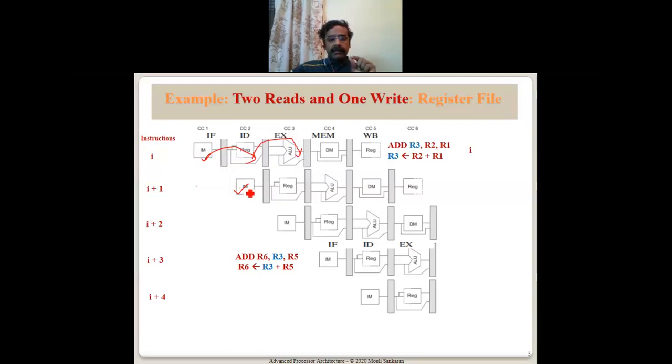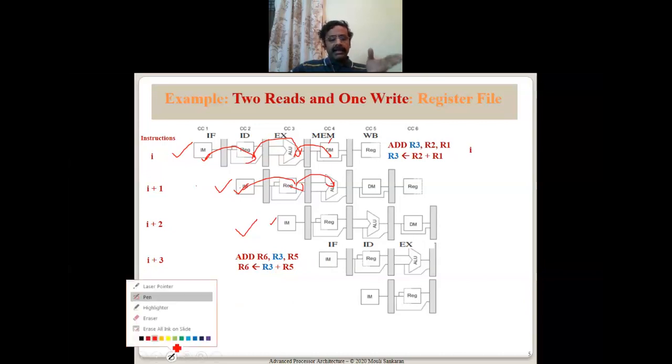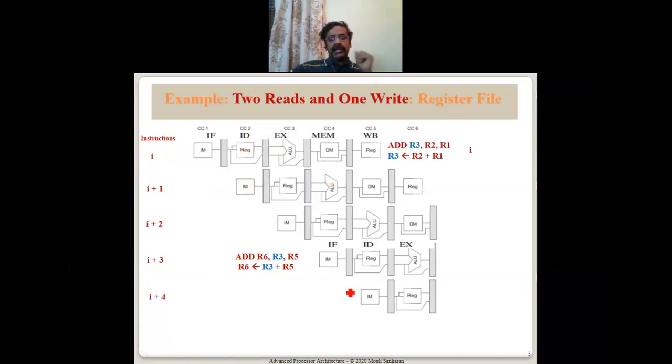At the same time, this is also moving, and the third instruction comes in. And when this moves, this will move into the ALU. So you can see that this instruction is following this I closely. It is one stage behind, whereas this instruction is two stages behind the first instruction. So this is how the instructions are coming in, and they go through the different pipeline stages.